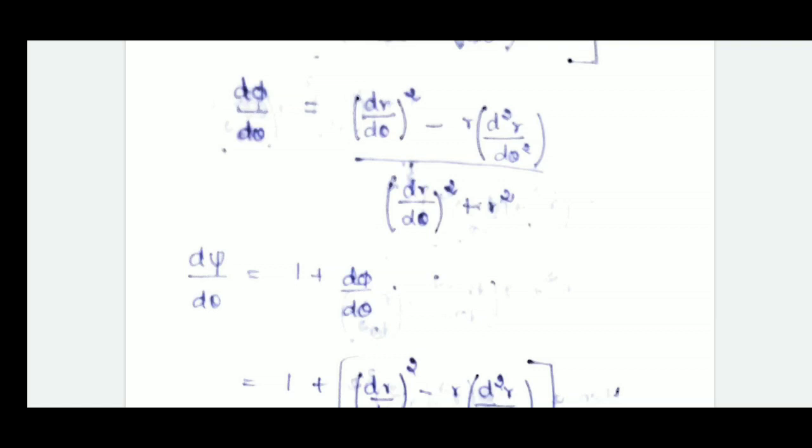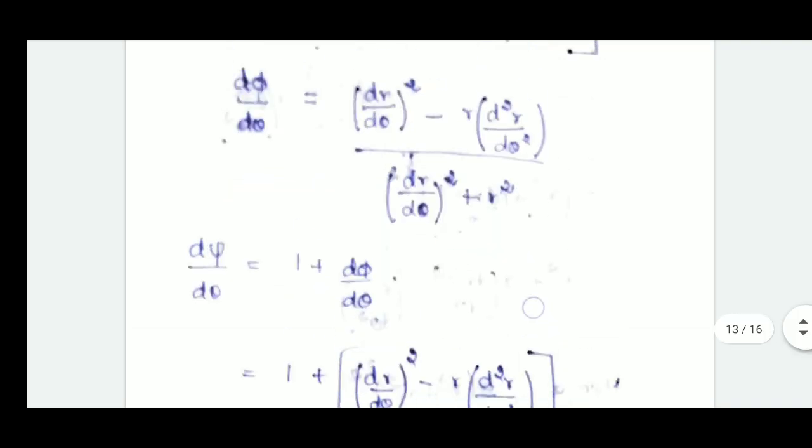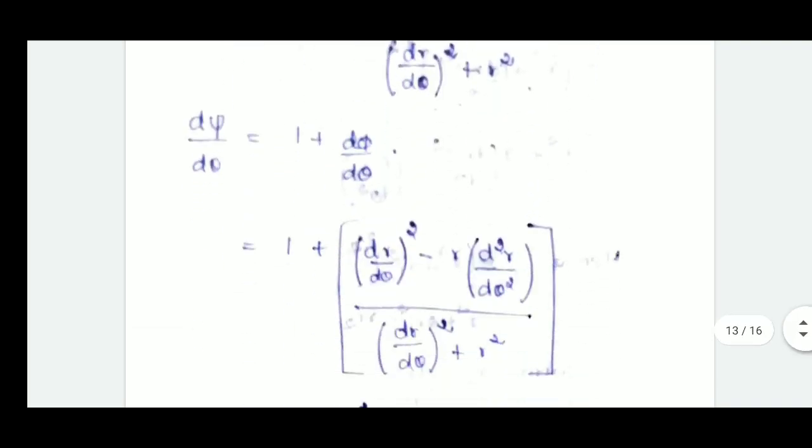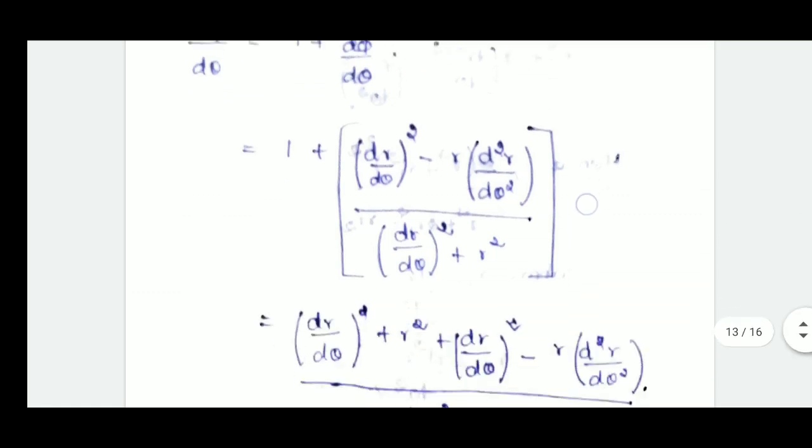We already have the result d psi by d theta equal to 1 plus d phi by d theta. Instead of d phi by d theta we write dr by d theta the whole square minus r into d square r by d theta square, by dr by d theta the whole square plus r square.